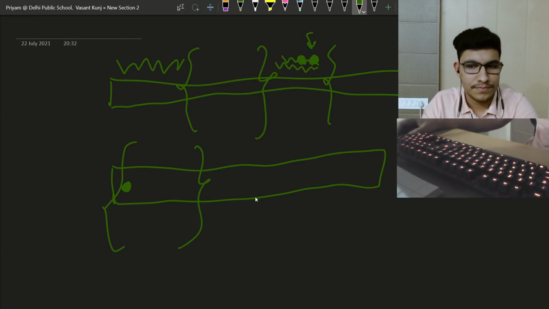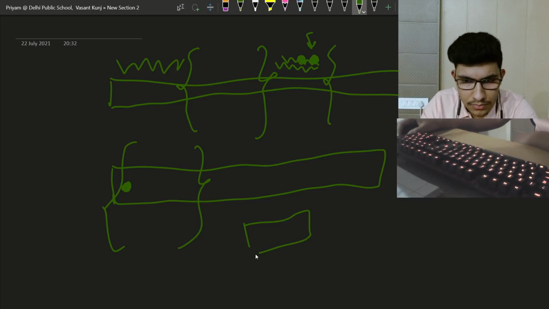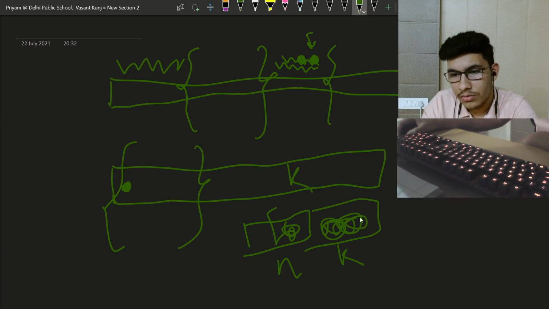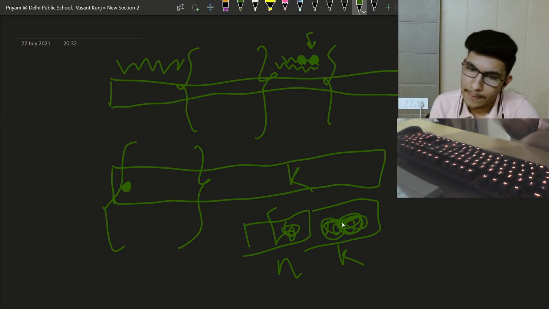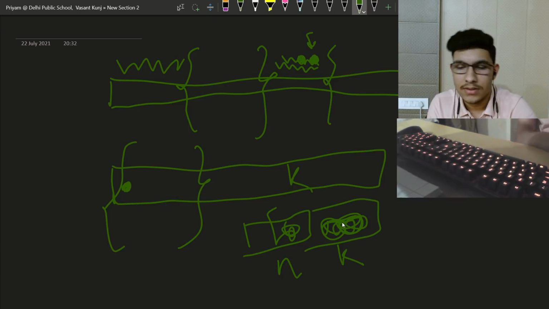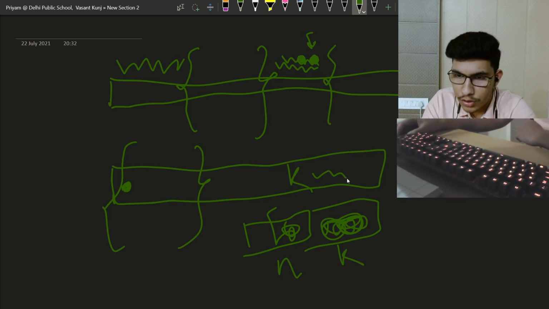So if there are basically n characters here and I want to remove the last k of them, then I need to press backspace k times. So these k will be removed from here, but the next k characters will also not be included, right? So clearly if I press backspace k times, then the next k characters won't be included and the previous k characters won't be included as well.